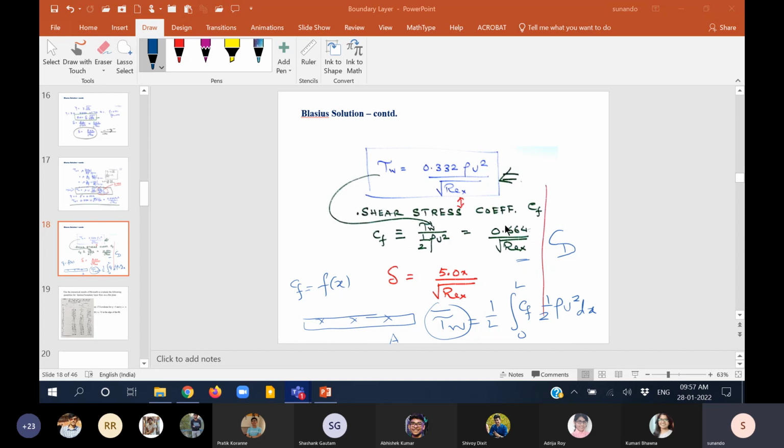But once again, I would like to point out that the friction factor that you see over here is a function of x. Same way, delta, the boundary layer thickness, is a function of x. So two quantities that you have of engineering importance are delta, which is a function of x, and CF, which is a function of x as well.